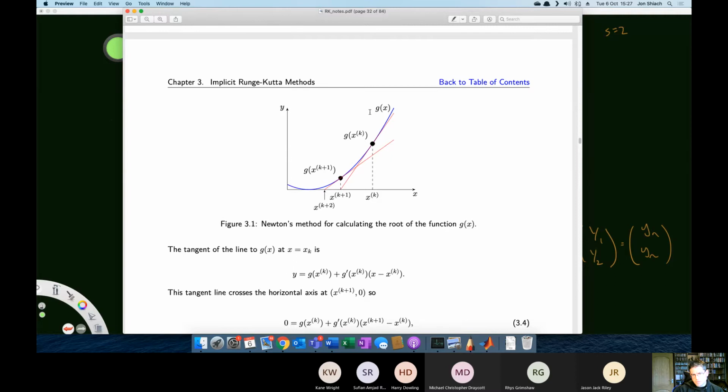So if g is our function, we have a guess for the root, which is xk. We calculate g at xk, find its tangent, and where the tangent intersects with the x-axis, that's our new estimate. We do it again, and eventually we'll get to the actual root.